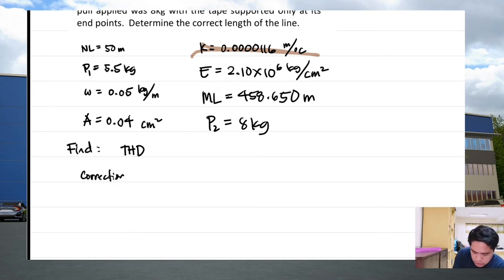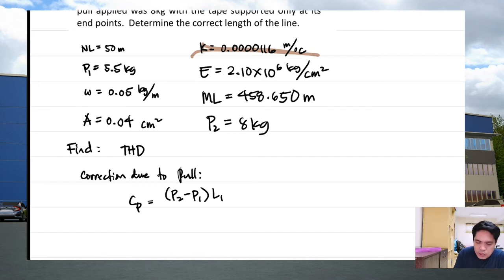For correction due to pull, we can just apply it to everything, because it's kind of linear. Okay. We know that C sub P is equal to the change in pull, P2 minus P1, times the nominal length, or the length applied for P1, over AE.